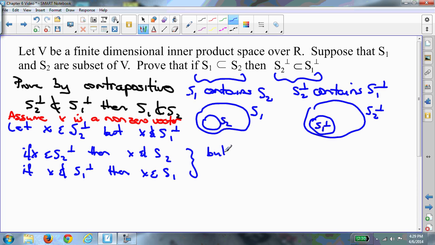But if X is an element of S1 and X is not an element of S2, then S1 cannot contain S2. So that's my proof by contradiction.